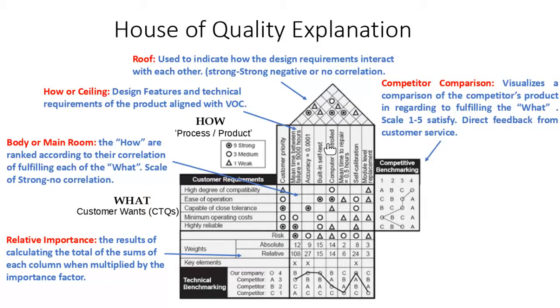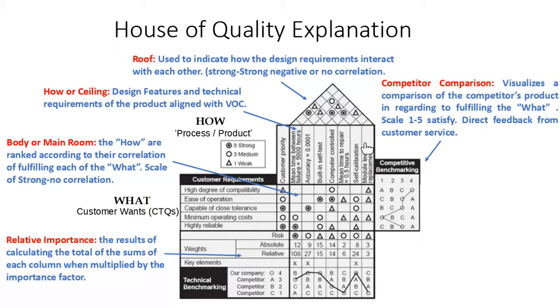It doesn't mean that every time you have, for example, 5 requirements, you have 5 technical requirements. You may have more, because sometimes one customer requirement needs several technical requirements, and sometimes for 2 customer requirements, 1 design feature will fulfill them. So it doesn't have to match in numbers. Sometimes yes, sometimes no.